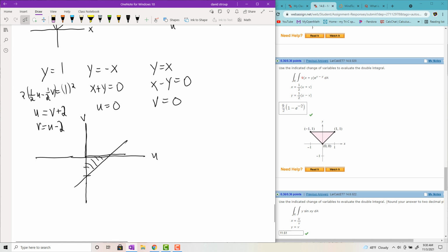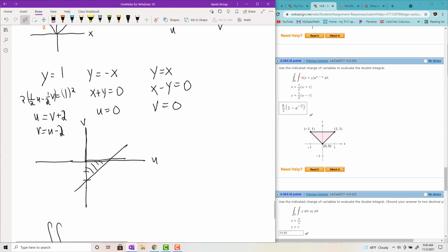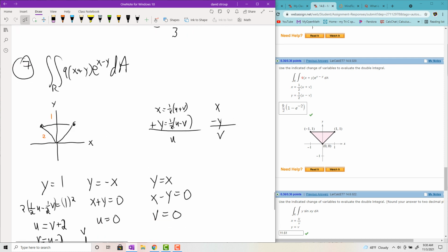So in our new double integral, I still need my Jacobian, and I still need to translate the 9x plus y thingamajig, which won't be so hard. The Jacobian looks like it's just the same Jacobian as last time. It'll be 1/2, 1/2, 1/2, negative 1/2, which will be negative 1/4 minus 1/4, which will be negative 2/4, which is negative 1/2.